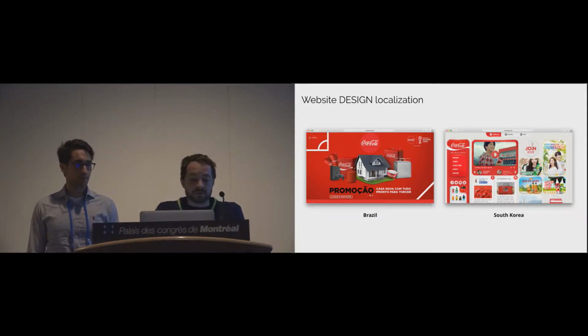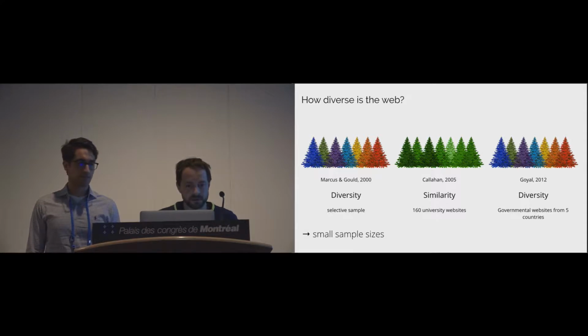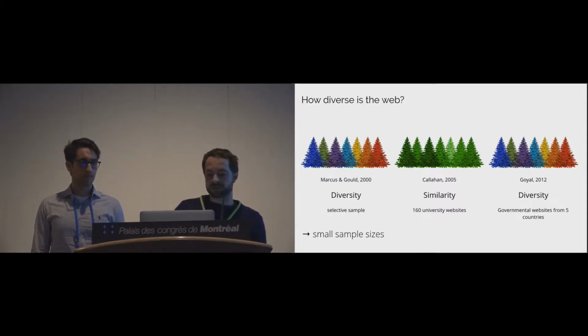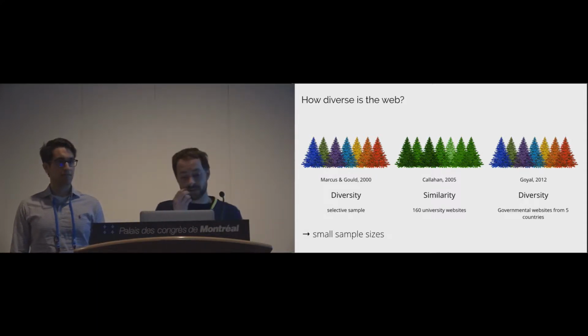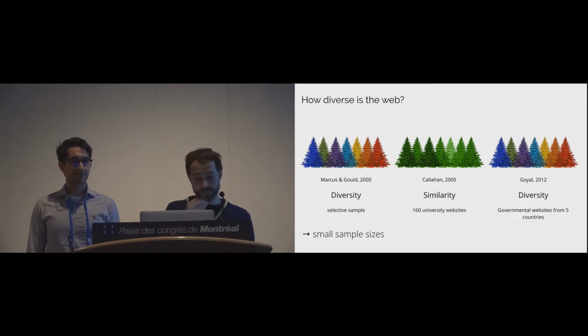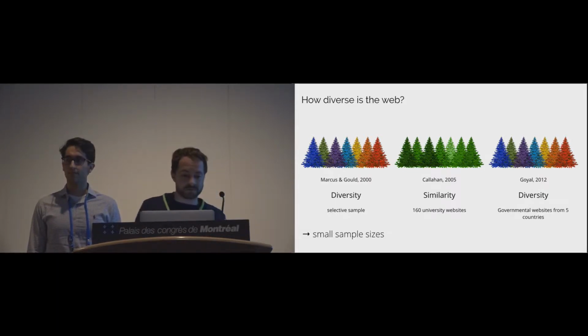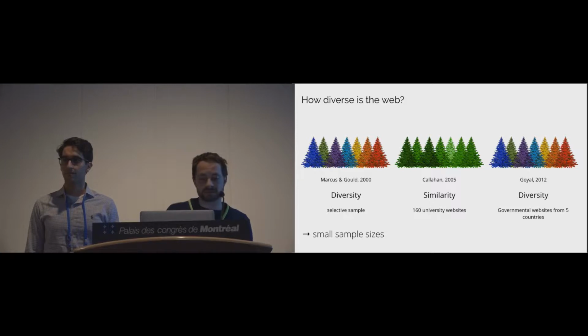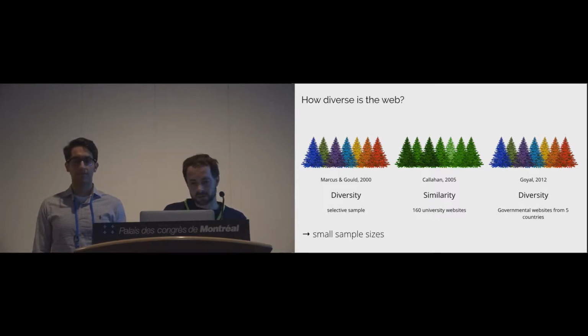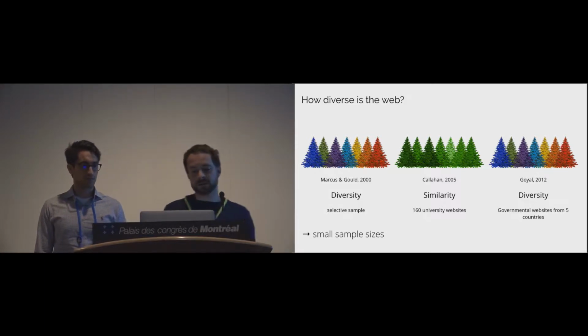When thinking about design localization, it is important to know how website design differs around the world. Prior studies have compared website designs across countries, but the results were ambiguous. Marcus and Gold in 2000 found diversity when looking at selective samples from around the world. And Callahan in 2005 claimed similarity when looking at 160 university websites.